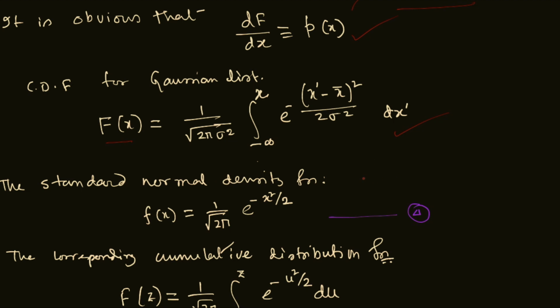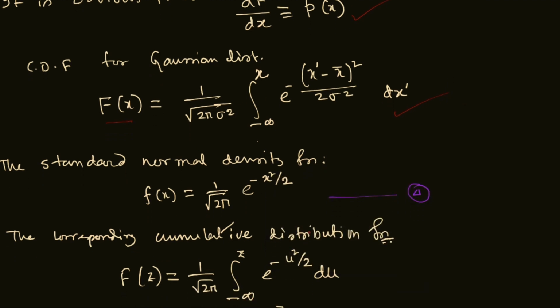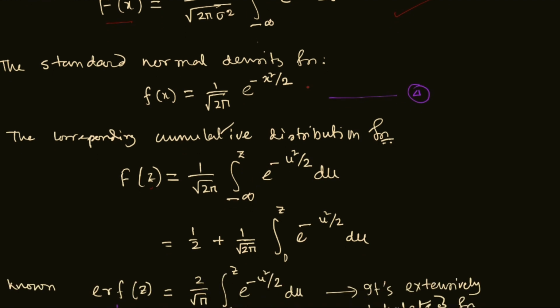And we know the standard normal distribution, f(x) equals 1 over root 2 pi e to the power minus x squared by 2, and the corresponding cumulative distribution function becomes F(z) equals 1 over root 2 pi, integral from -infinity to z of e to the power minus u squared by 2 du, which gives the probability up to z.